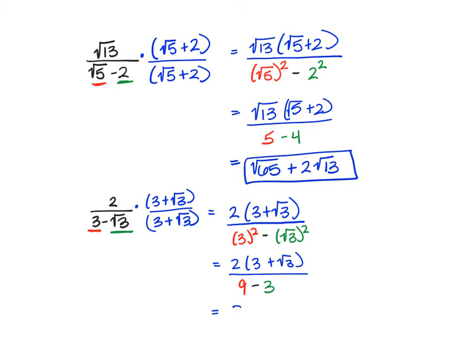So now we have 2 times 3 plus root 3. 9 minus 3 is 6. So here is an example where these can be simplified. So 2/6 can be simplified to 1/3. So my final answer would be 3 plus root 3 over 3.